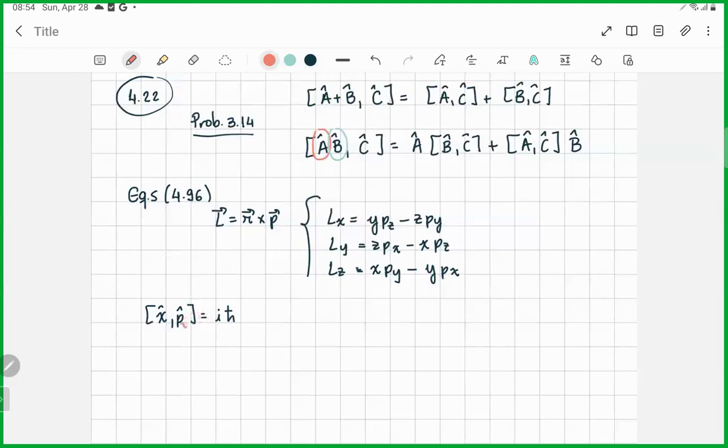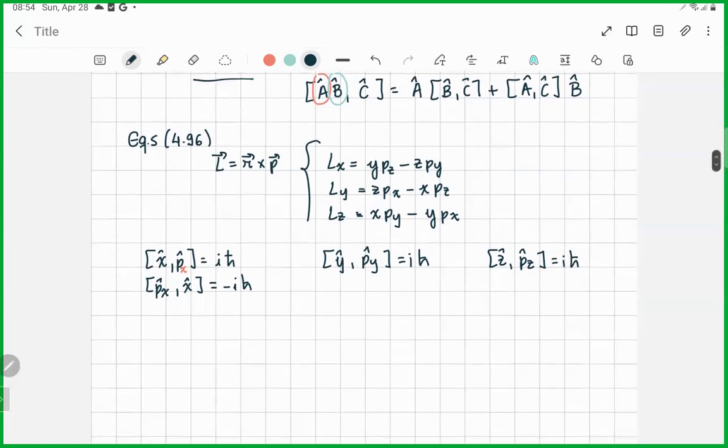Now it is PX. And if we change the order, if we check PX with X, this is going to be minus i h bar. And this is true for all other directions. Y with PY will give us i h bar, and inverting the positions, minus. And Z with PZ will give us i h bar.